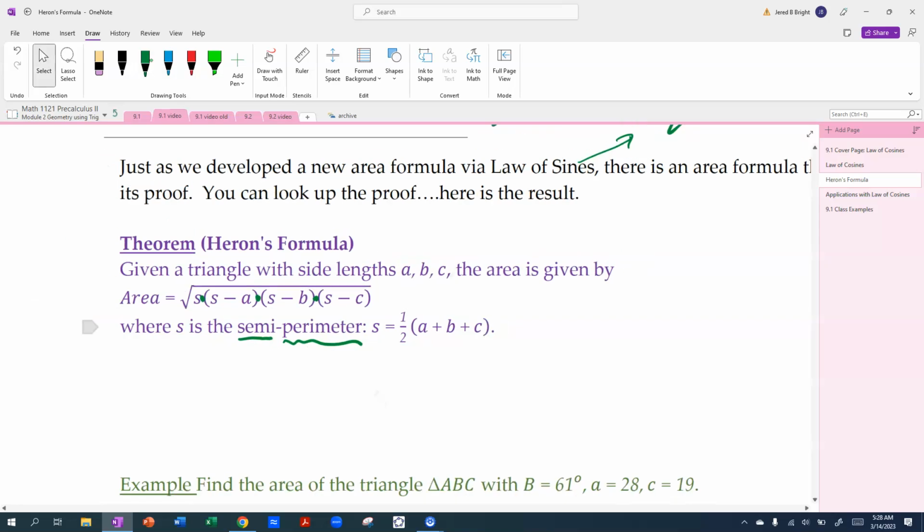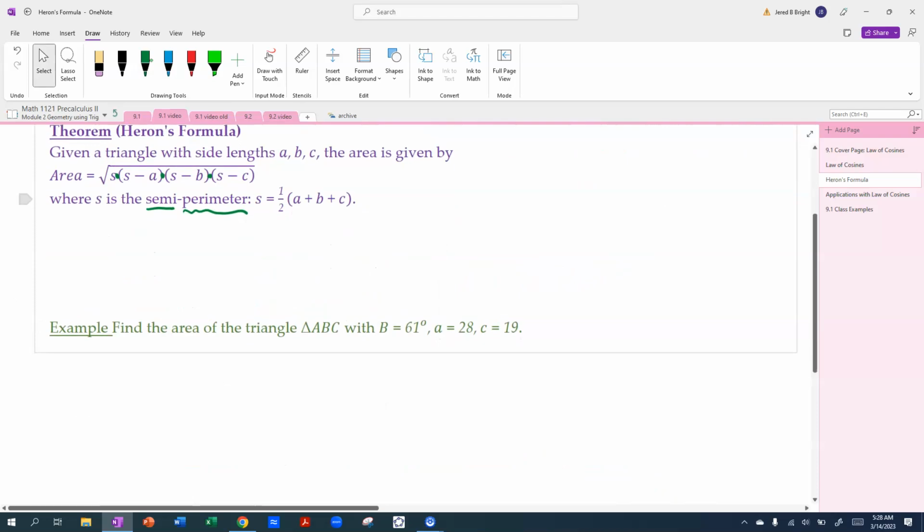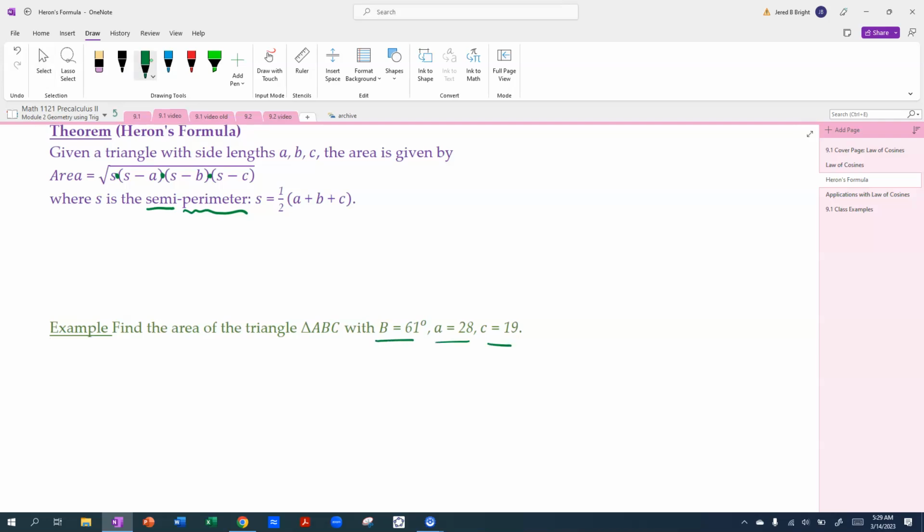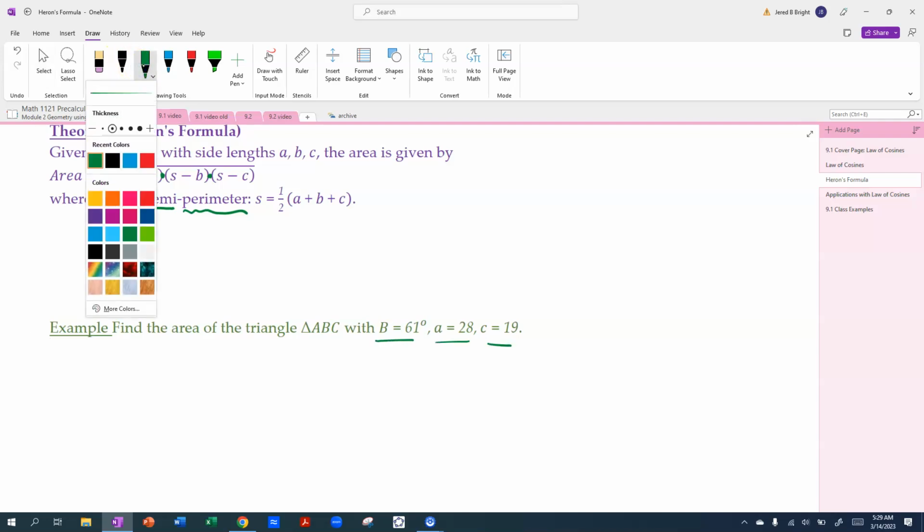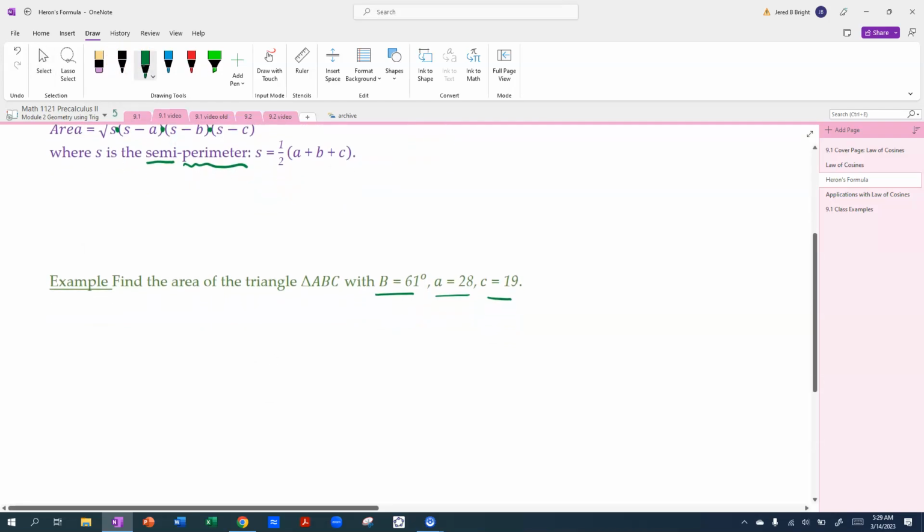Let's do a little example with this just so we're okay with this calculation. Find the area of the triangle ABC with B, A, and C given. I'm going to sketch it out, and as I sketch it out, you might say, we just saw this triangle in a video, and I'll say, yes, we just did.